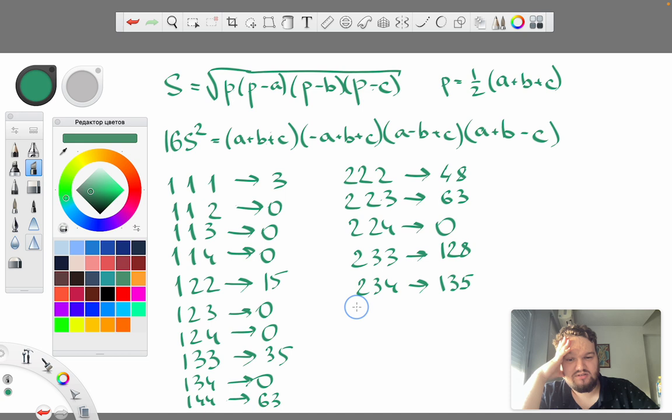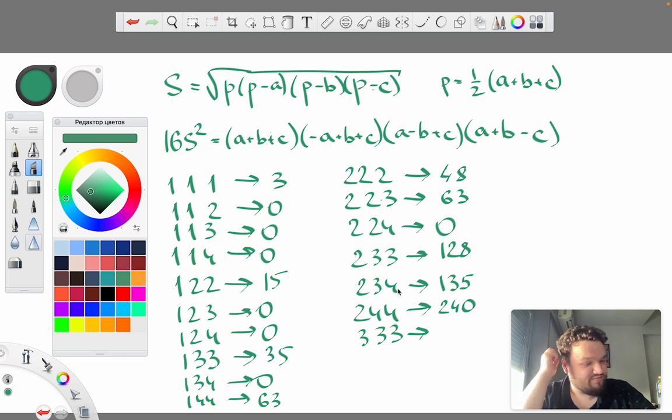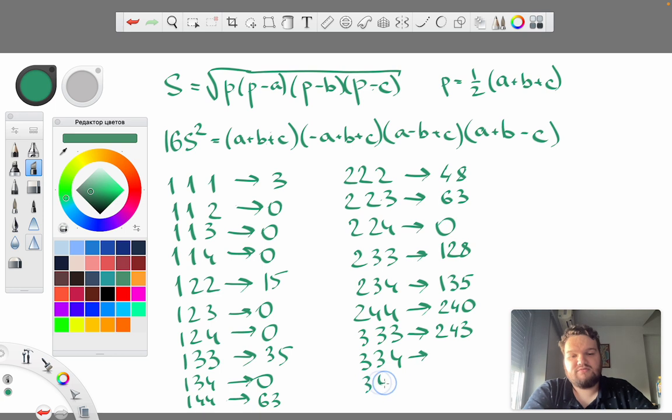So what's next? 2 4 4 is 10 times 6 times 2 times 2, 240. 3 3 3, I mean, it should be like this times 3 to the 4th. Then 3 3 4, 3 4 4 and 4 4 4.